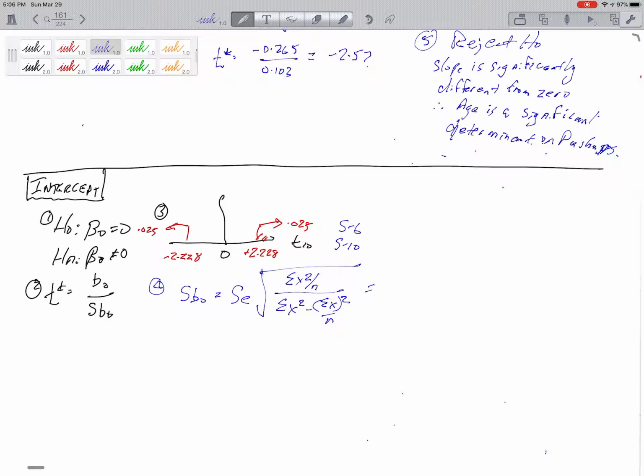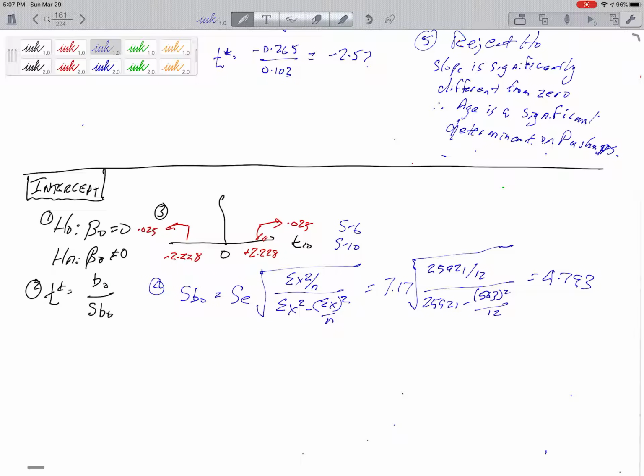We're going to have SE, which is 7.17, times the square root of 25,921 divided by 12, and then 25,921 minus 503 squared over 12.